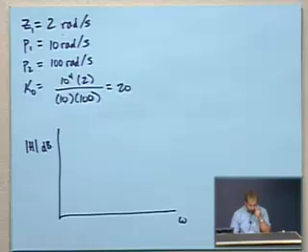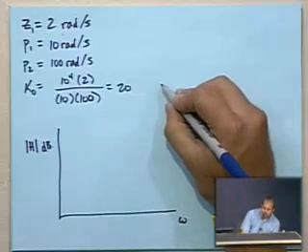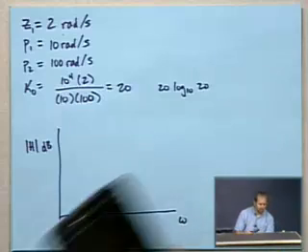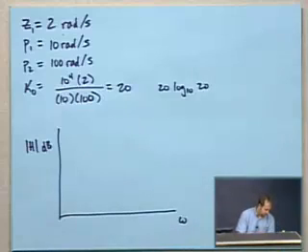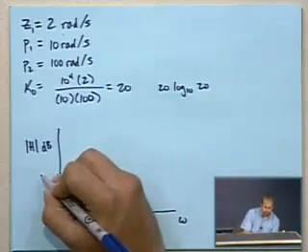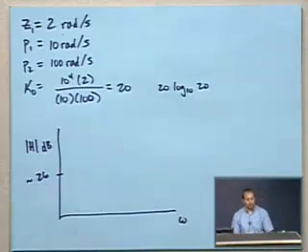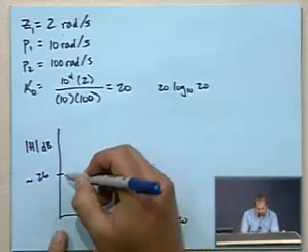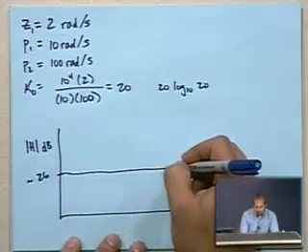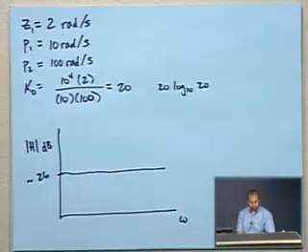The contribution from the constant K0 term is 20 log base 10 of 20, which is roughly 26. The contribution of that constant K0 term is just that constant flat value going across.